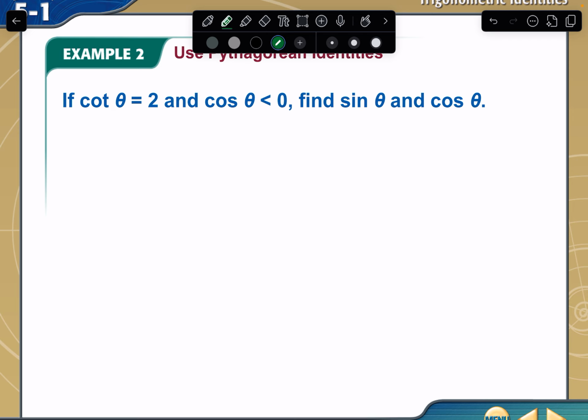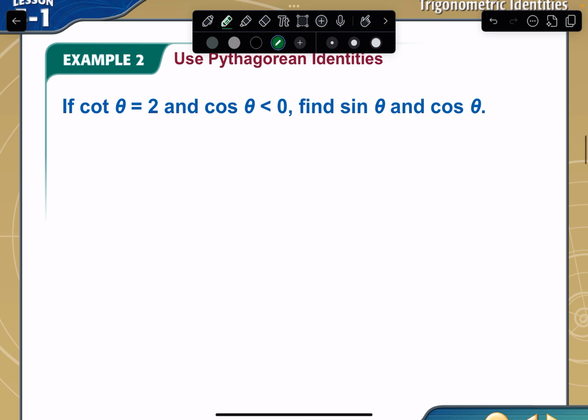Example 2 says if cotangent theta is equal to 2 and cosine is specifically less than 0, that part matters, and we'll talk about it once we get to the end. It is asking you to find cosine and also sine values. So you're finding 2 things in this question.